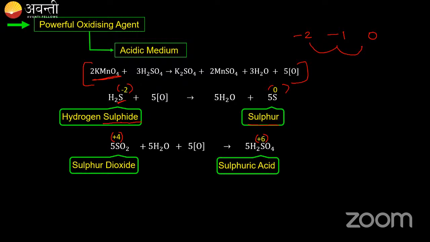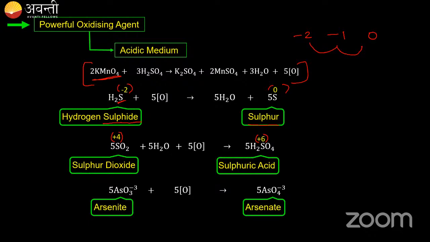Good. The third example is arsenite to arsenate. What is the oxidation state of arsenic in the first compound? Take this as X. So X + 3 into (-2) + 3 is equal to 0, so X is equal to +3. Now here, X - 8 + 3 is equal to 0, so X is equal to +5.